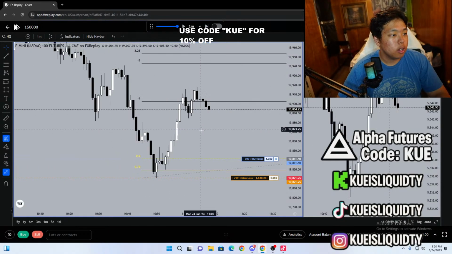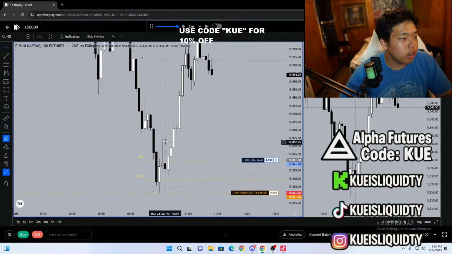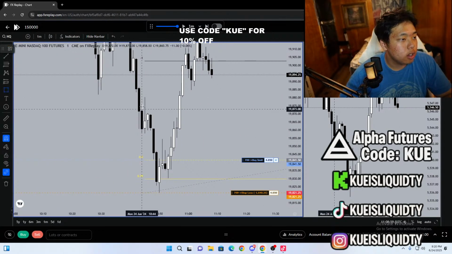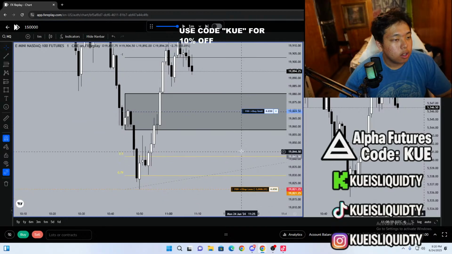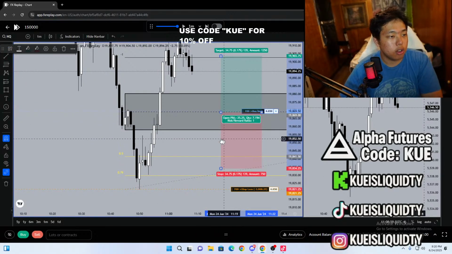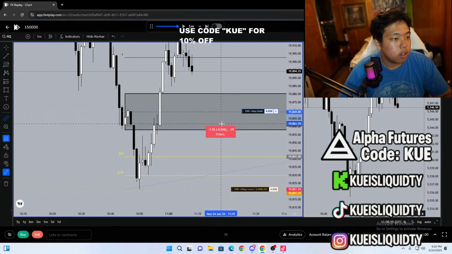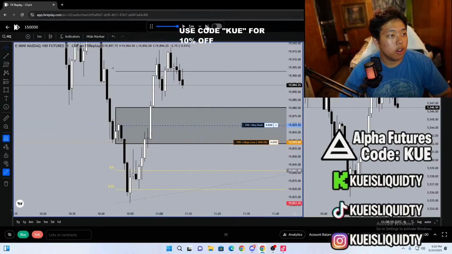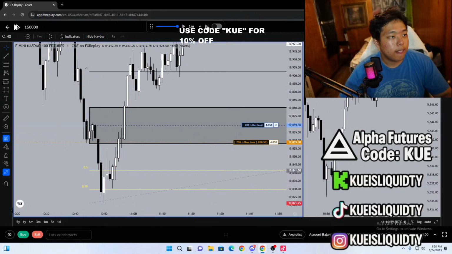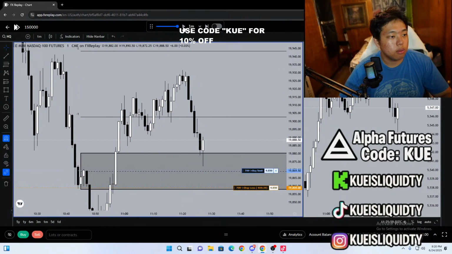What we could do is we have a breaker here. A low, high. I mean, what we can do is enter this breaker and have a 10-point stop. That would be my first scenario here. 159 could be my first area at this breaker, but it looks like we push up.